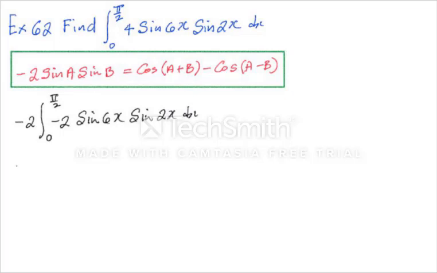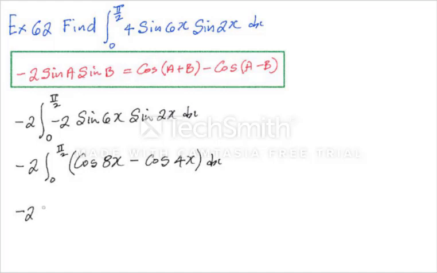So now I can say that this is equal to minus 2, the integral from 0 to pi by 2 of cosine 6x plus 2x, which would be cosine of 8x, minus the cosine of 6x minus 2x, which would be 4x. And I'm integrating this with respect to x.